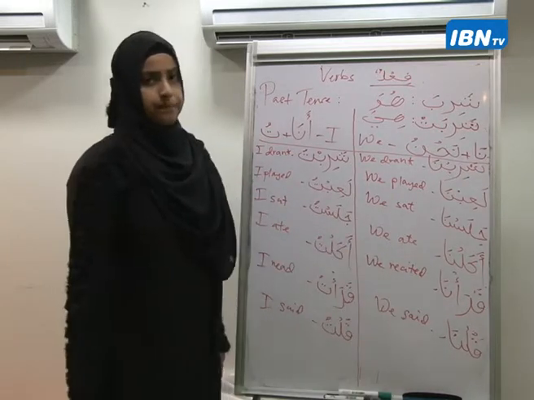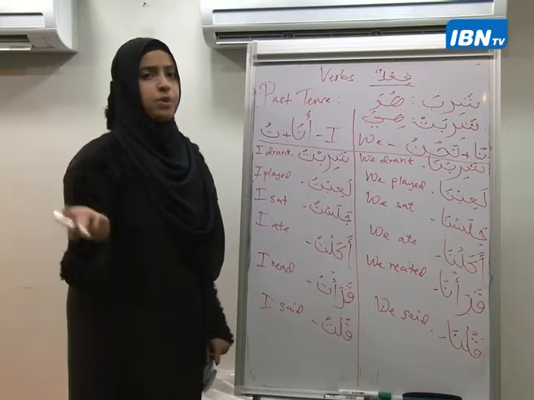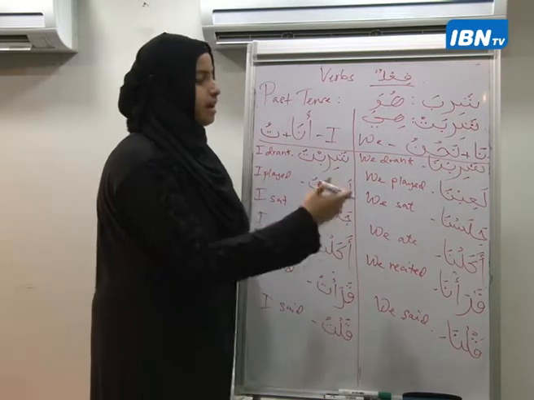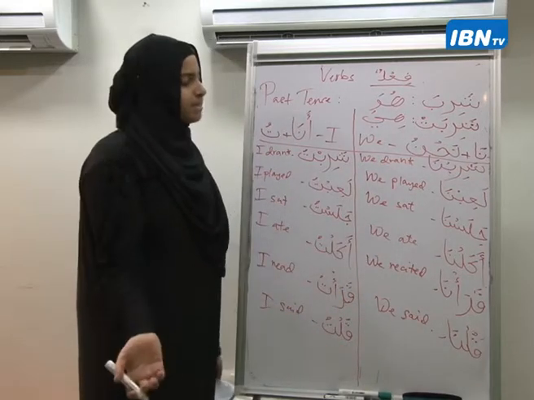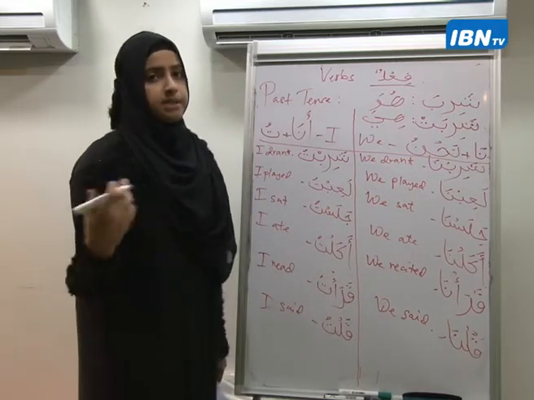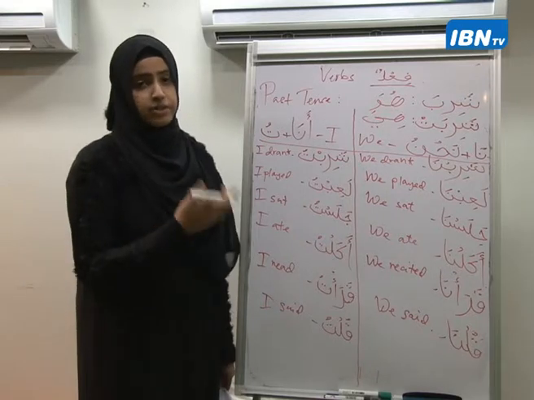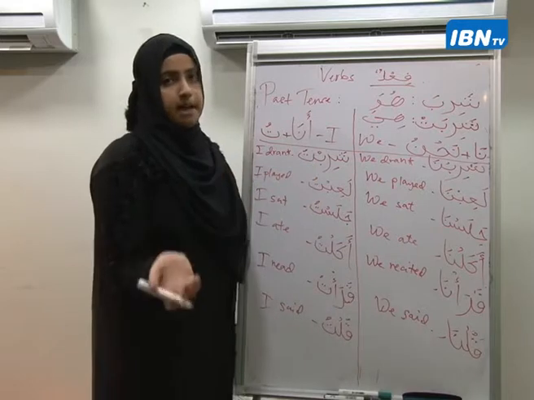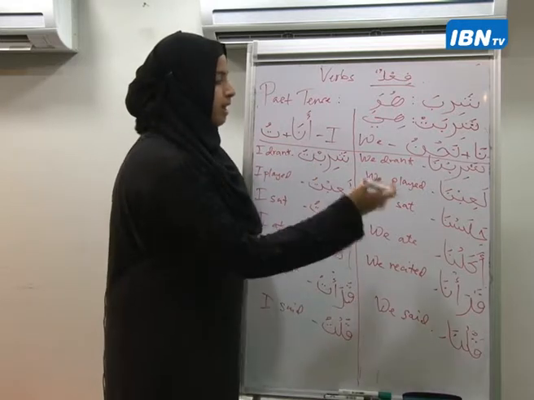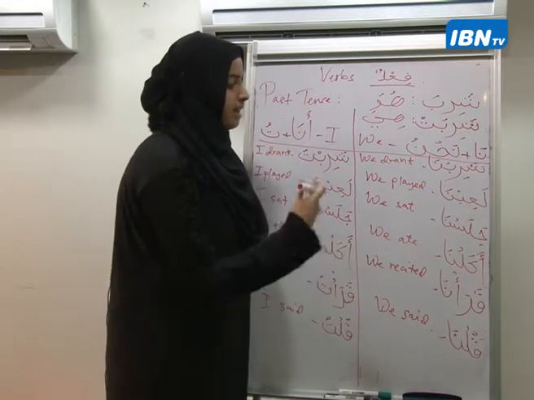Same with nahnu. If you want to converse, you don't have to say nahnu sharibna, nahnu la'ibna, nahnu jalasna, nahnu akalna. You can simply say sharibna shai, we drank tea. Shai means tea. Or sharibna ma, we drank water. La'ibna, jalasna, akalna.